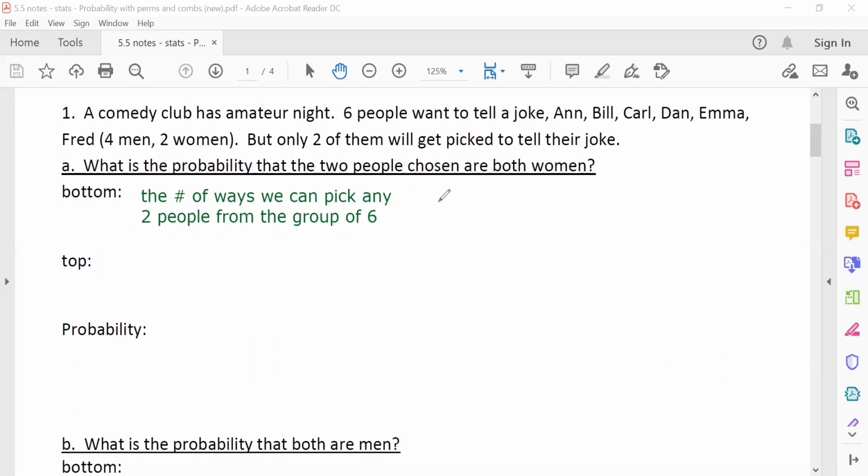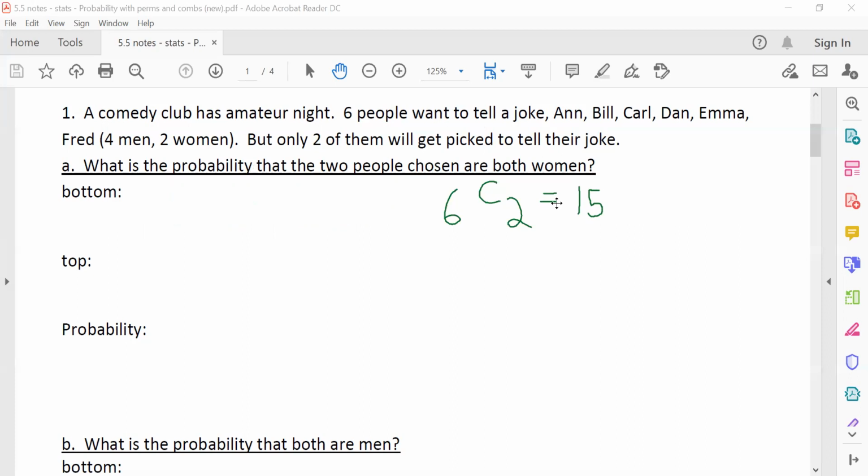You still got chosen to tell your joke. So the bottom number is going to be the combination 6C2. We're bringing 6C back. 6C2 is 15. There's 15 different groups of 2 that we can pull out of this group of 6 that can go up there and tell a joke. So I'm just going to erase this part and put it over here.